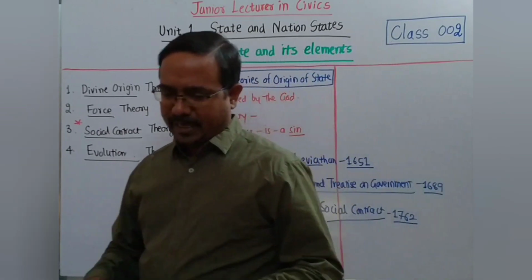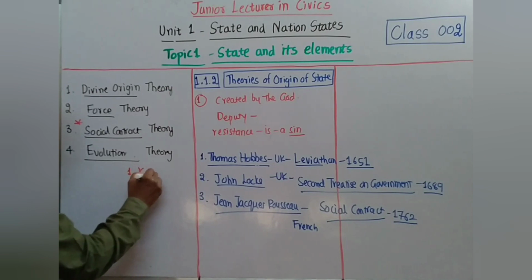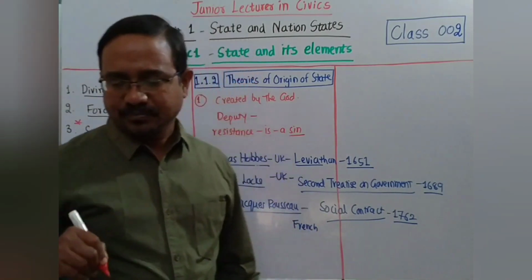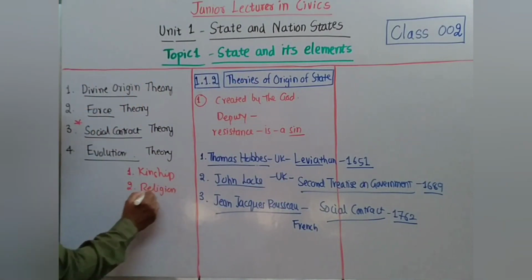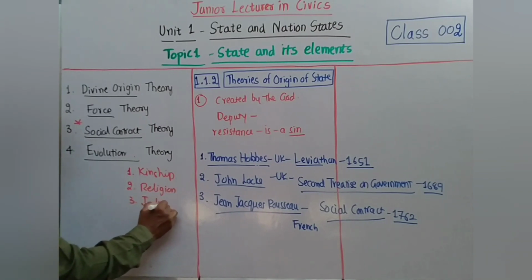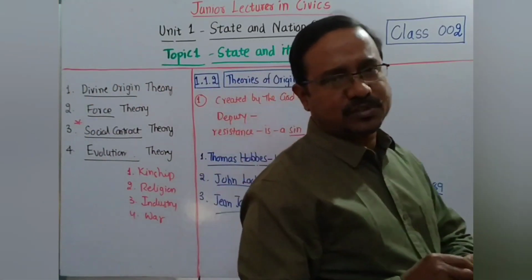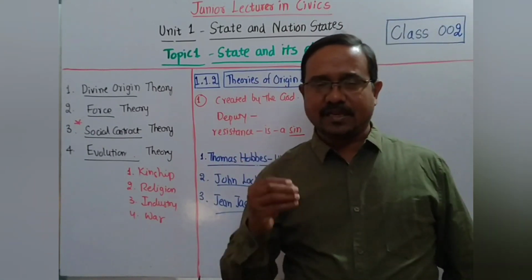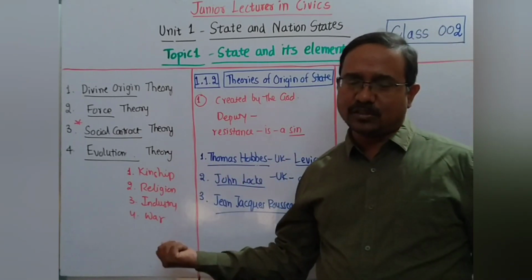There are four main forces: kinship, religion, industry, and lastly war. These four forces support the evolution theory. That means the state has originated through any of these forces.